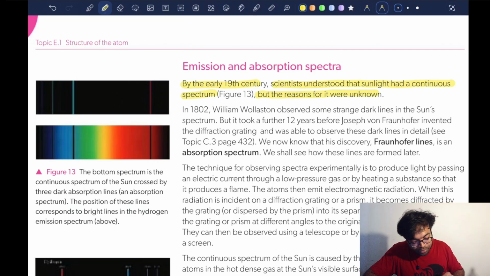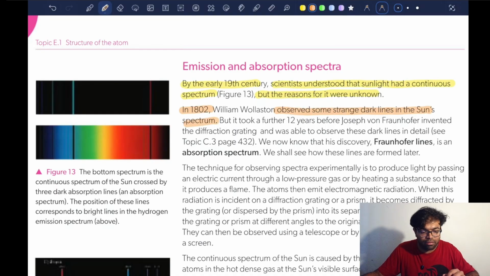Okay, so in 1802, William Wollaston observed some strange dark lines in the sun's spectrum. Whenever you observe the sun's light, you always see a continuous spectrum.